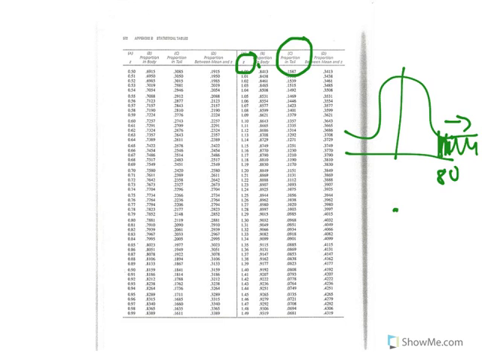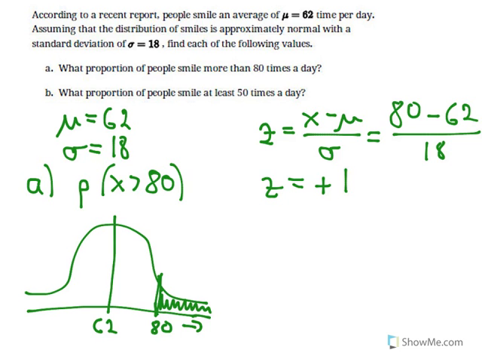And here you can see that is 0.1587. That is the proportion in the tail, which is what we're looking for. So now we know that the proportion of people that smile more than 80 times a day is 0.1587. So that was the solution for A.